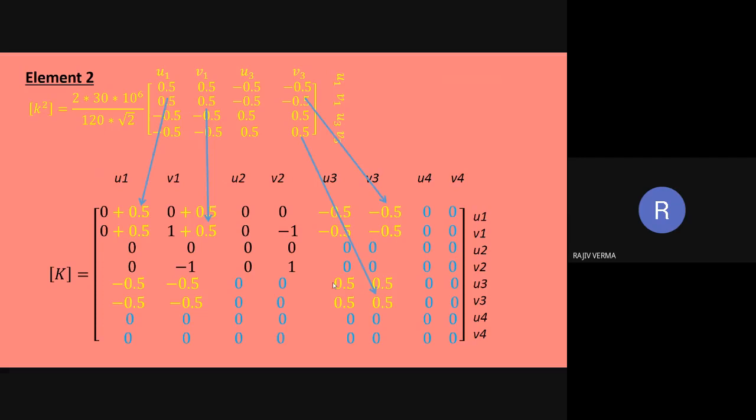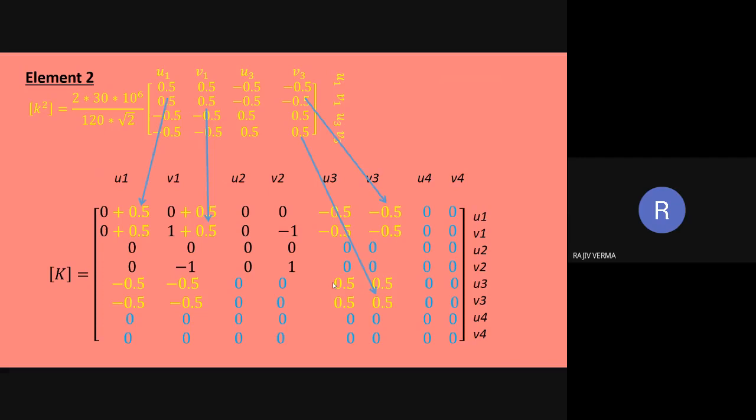So it can obviously be seen that the contributions of element number 1 and element number 2 are in first row first column, first row second column, second row first column, and second row second column.